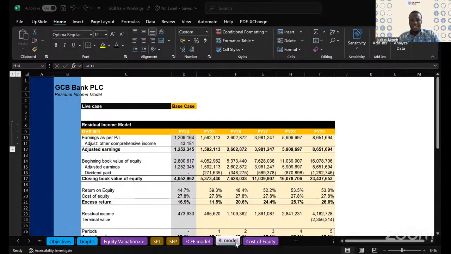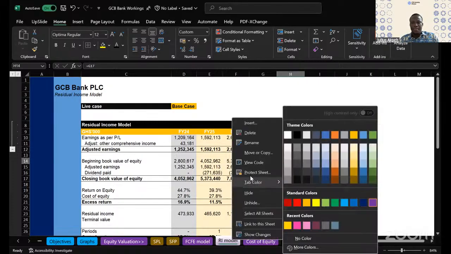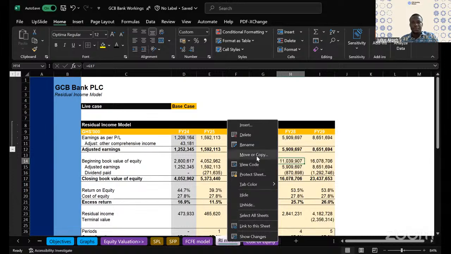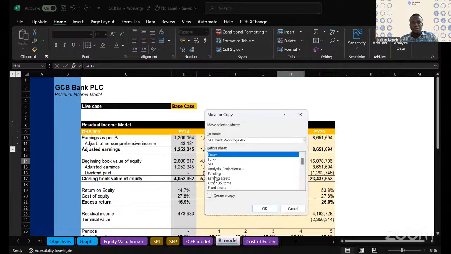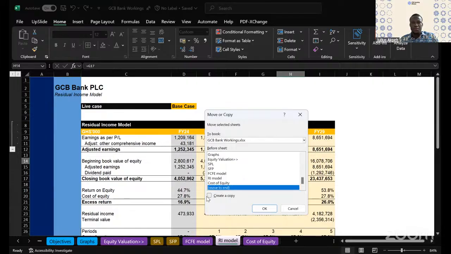Now let's put the last model here, which is the relative model, right? Let me duplicate this. It's 4 minutes of time. I will not waste your time today. Let's just set the skeleton.